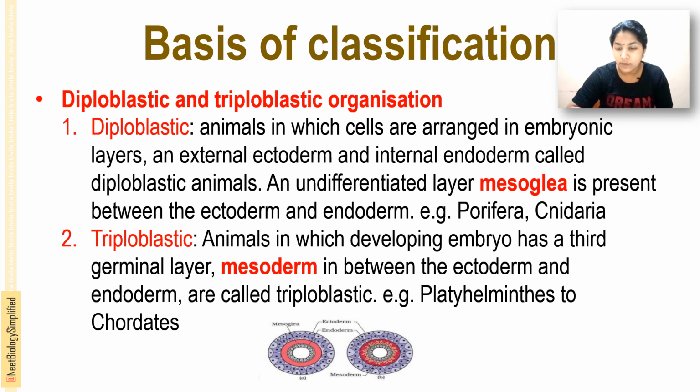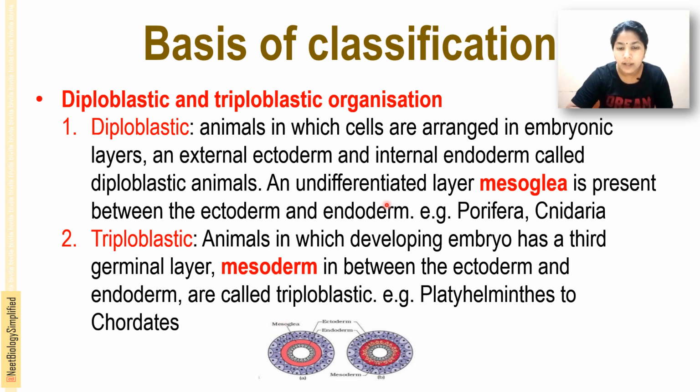External means outside, that is an ectoderm is there, and the inner endoderm. An undifferentiated layer called mesoglea is present between the ectoderm and endoderm.